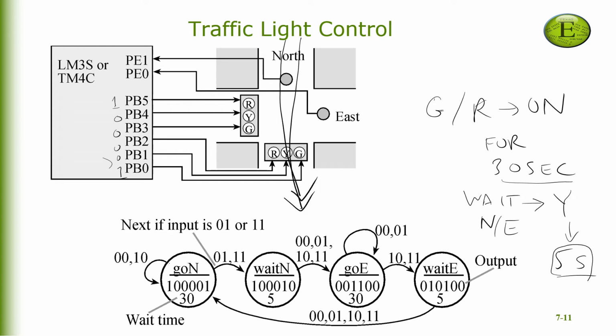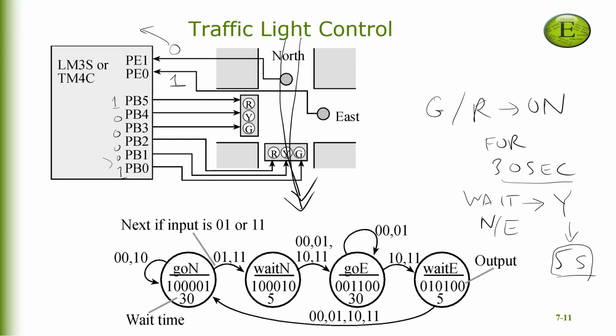So for example, if there is an input 0 1, what this means is that the traffic on the north road has ended.